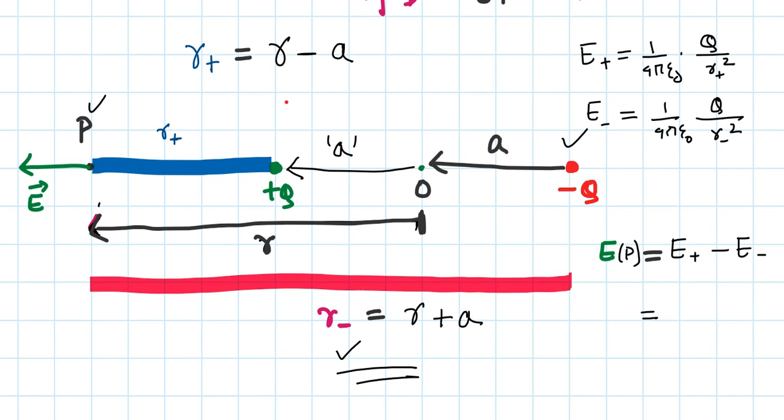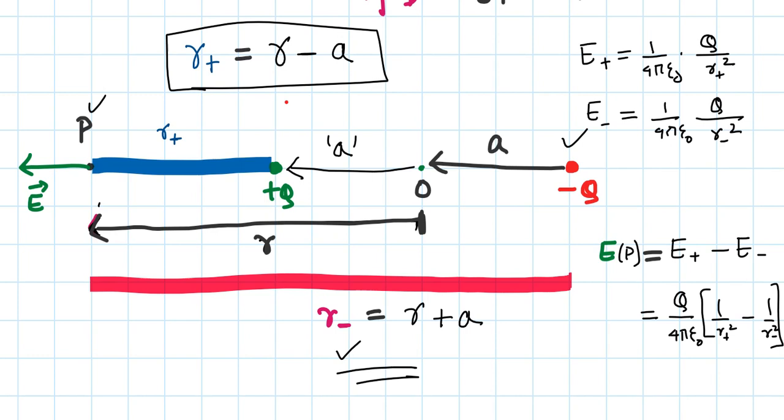And the answer to this, if you perform your basic manipulations, is Q by 4 pi epsilon 0 taken common out, times 1 by R plus squared minus 1 by R minus squared. Okay, this doesn't stop here. We have a substitution for R plus already, and we also have a substitution for R minus in terms of R and A. So let us do the substitution.